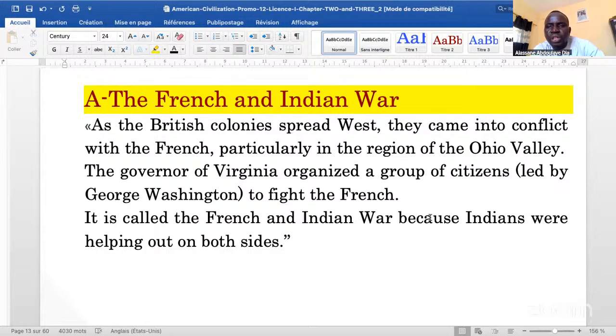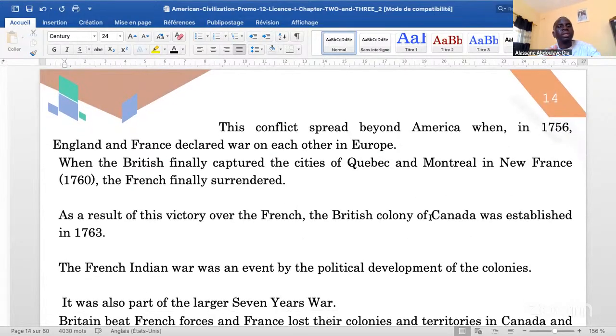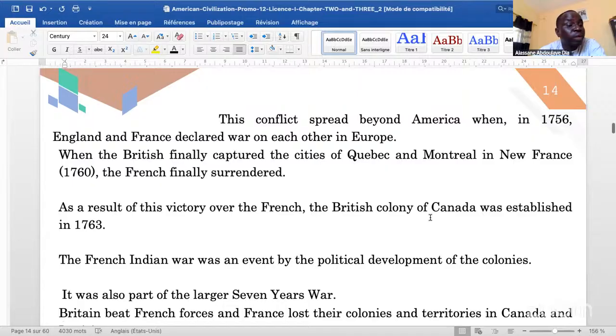Because Indians were helping out on both sides. What does it mean? It was a war between French and English colonies, but the Indians were sometimes helping the French and sometimes helping the British. That's why it was called the French and Indian War.